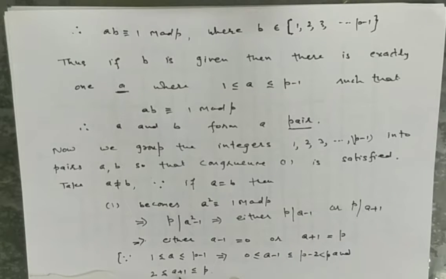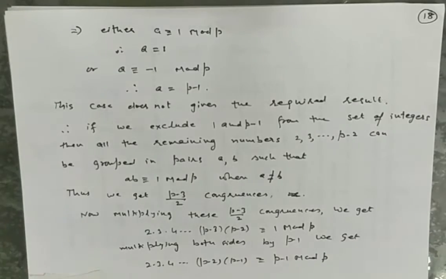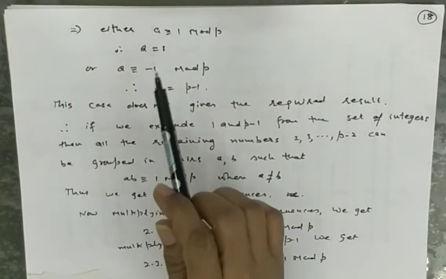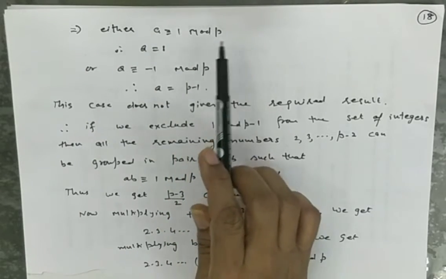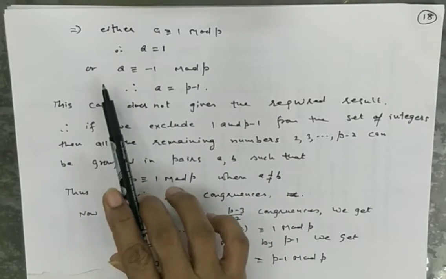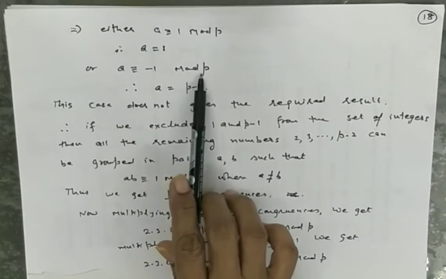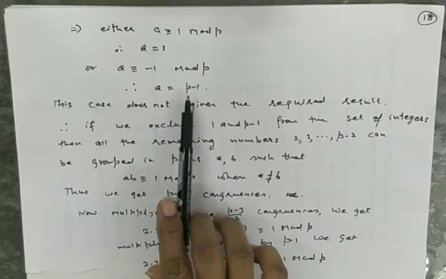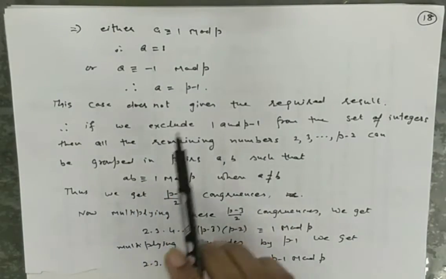Similarly, a plus 1 will be less than or equal to p and greater than or equal to 2, and p also divides a plus 1, therefore a plus 1 will be equal to p. So from here we can say that either a is congruent to 1 modulo p, therefore a equal to 1, or a is congruent to minus 1 modulo p, therefore a equal to p minus 1, right?